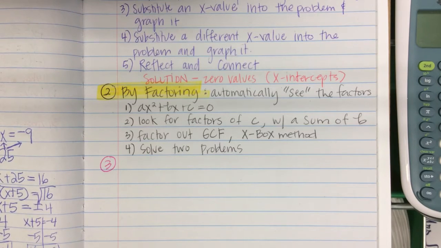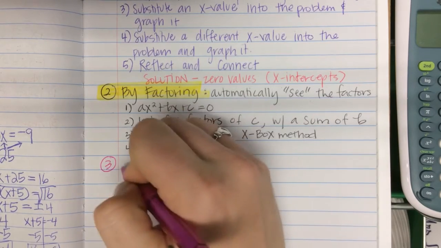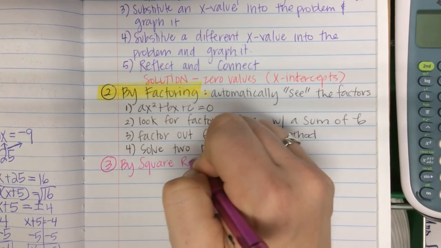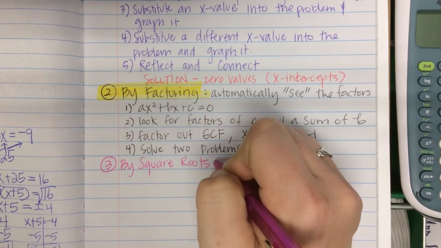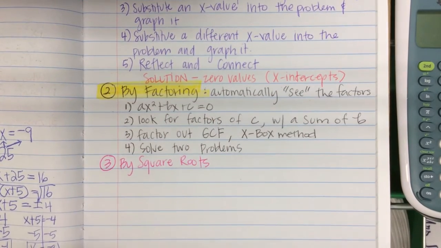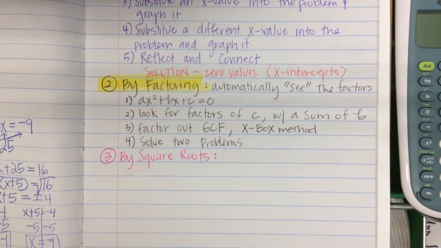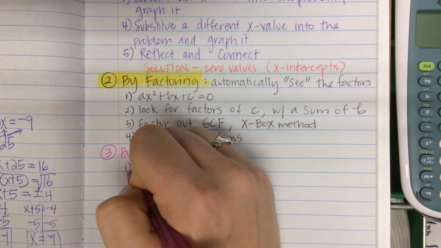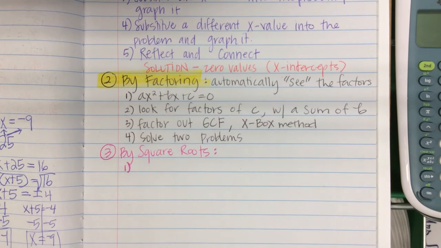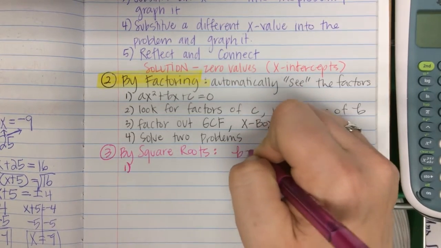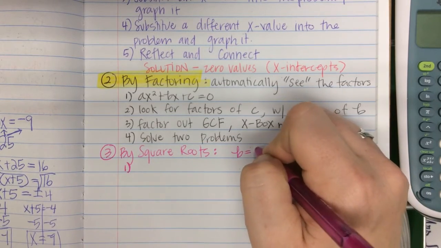What was the third way we learned? Solve by square roots. And to solve by square roots, what we look for is your b equals 0.